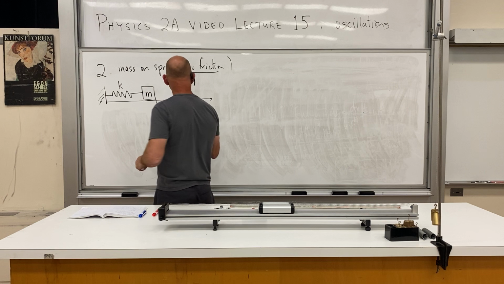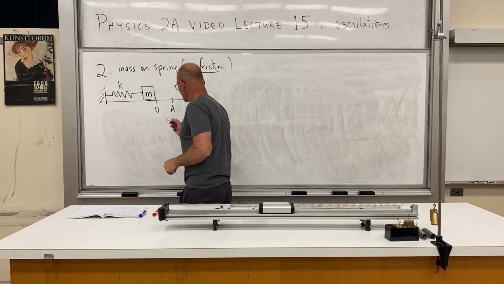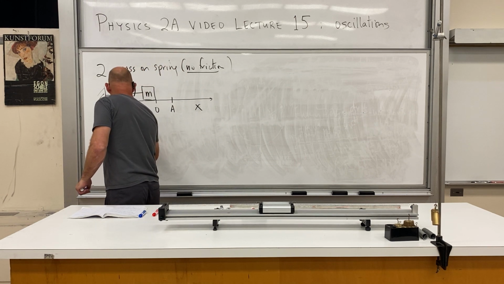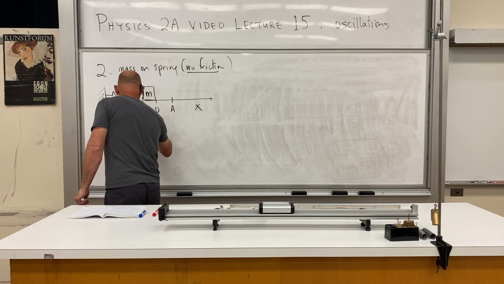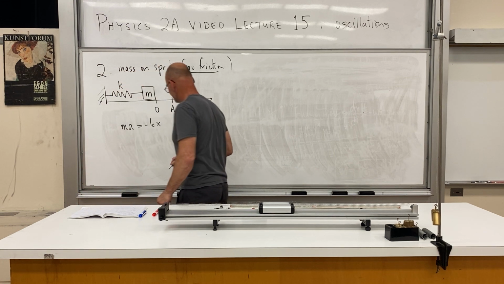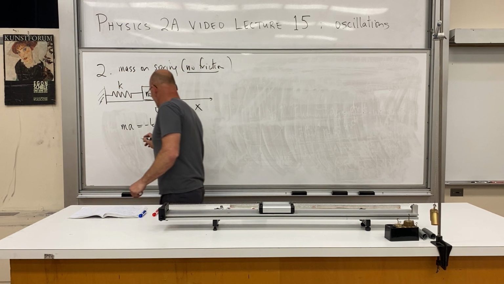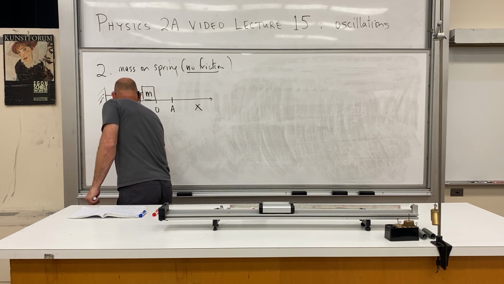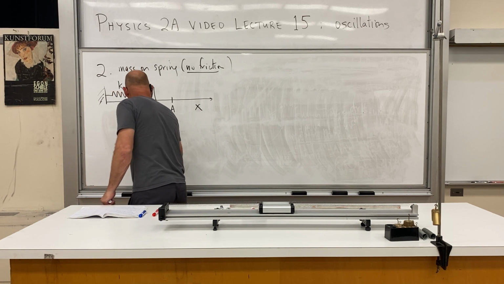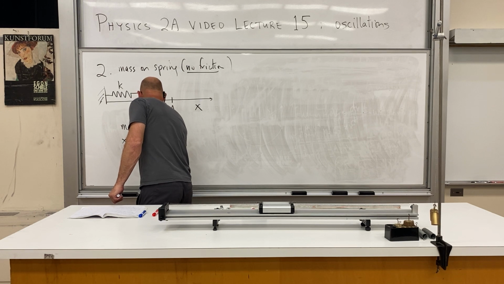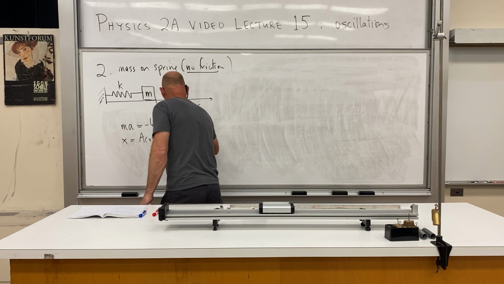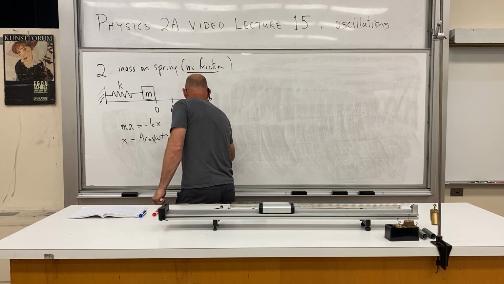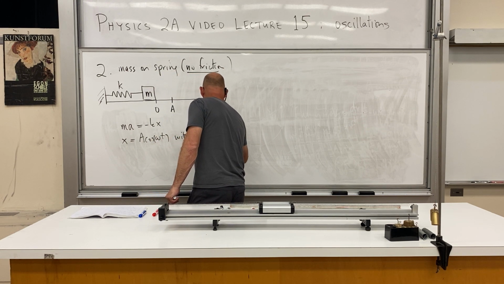Okay, so let's get this up here systematically and then discuss it. What we had was mass times acceleration equals minus kx. We then have x is equal to a cos omega t, with omega equals the square root of k over m.